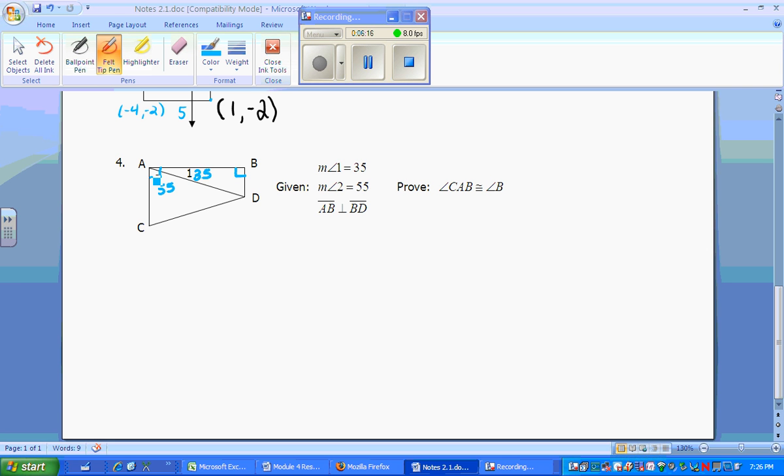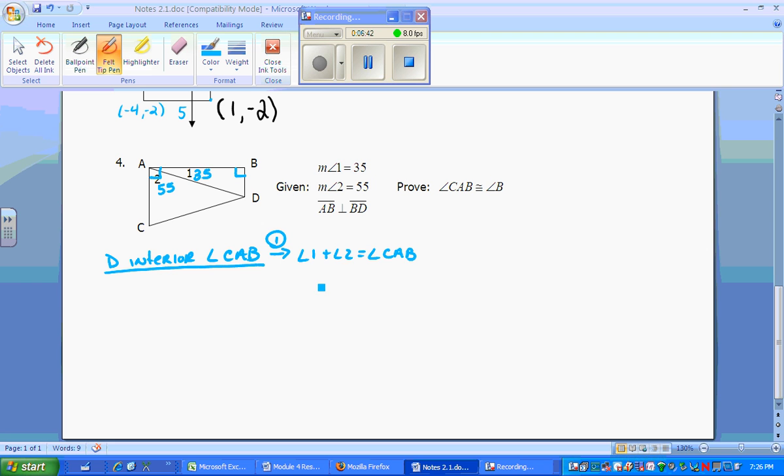So now we can start our proof. Since we want to add these two up, you have to use the interior idea. So you have to start with D is in the interior of angle CAB. Underline it because we assume it, so it's a given. And we can use our angle addition postulate and say that angle 1 plus angle 2 is going to equal angle CAB.